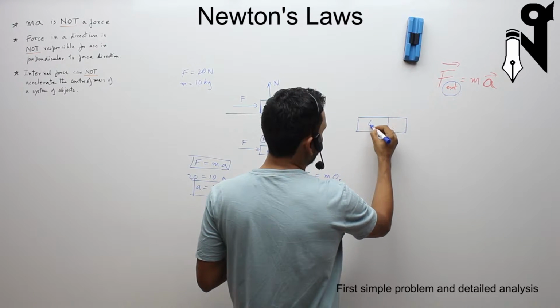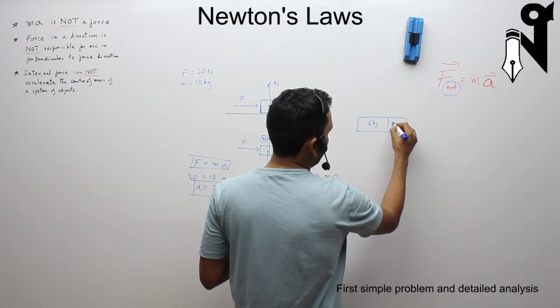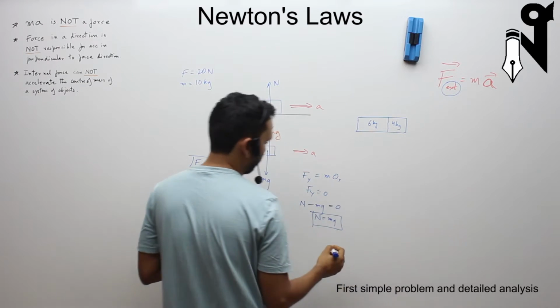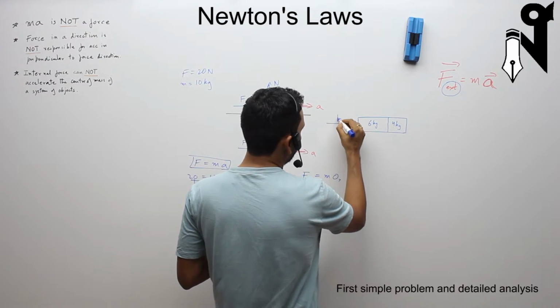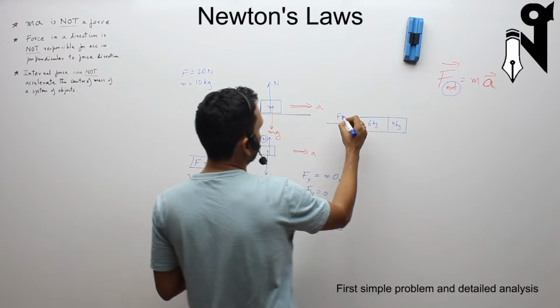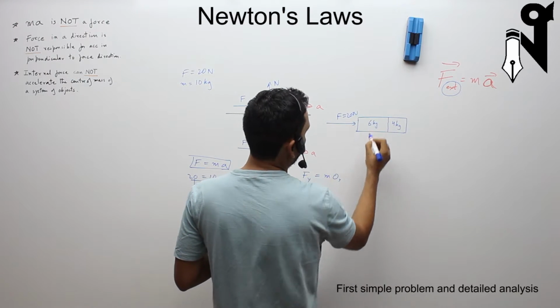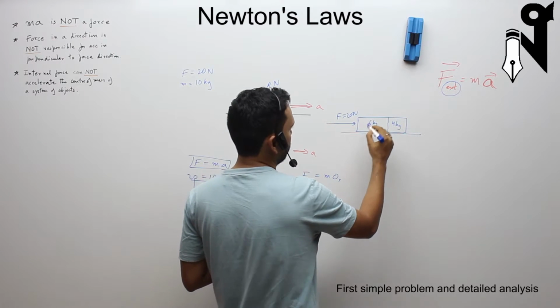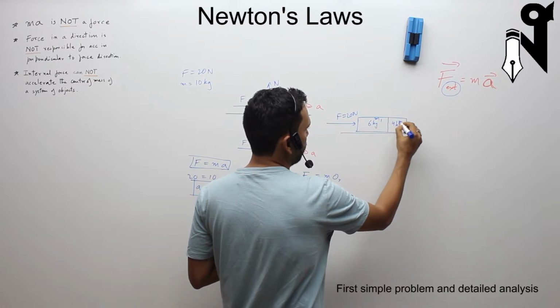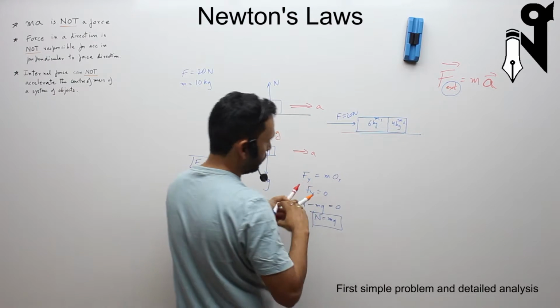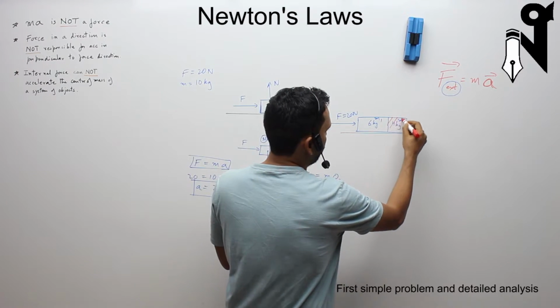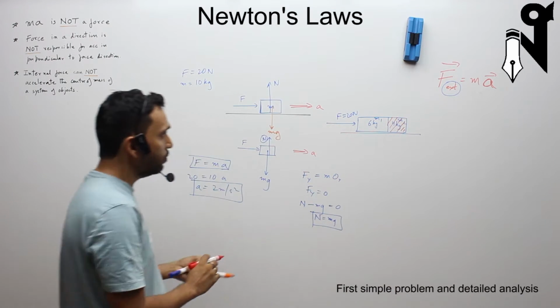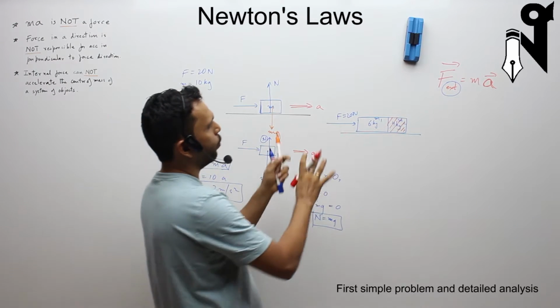One was say 6 kg and the other was 4 kg, and you were pushing it with F equal to 20 Newton. Now I have to study these two masses separately. This I'll call M1 and this M2. So M2 in red is 4 kg. So what would be the acceleration?